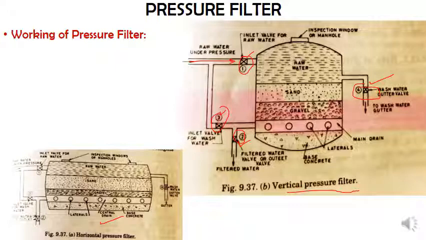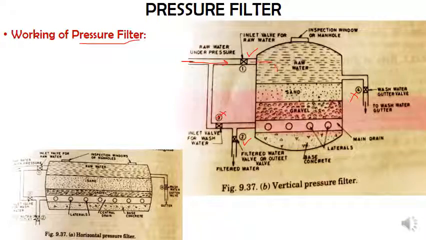Okay. So let us see how the normal operation of this particular unit works. During the regular operation of pressure filters, valve number 1 will be open, valve number 2 will be open, valve number 3 will be closed, and valve 4 will be closed. Based on that, the water will enter through the inlet.